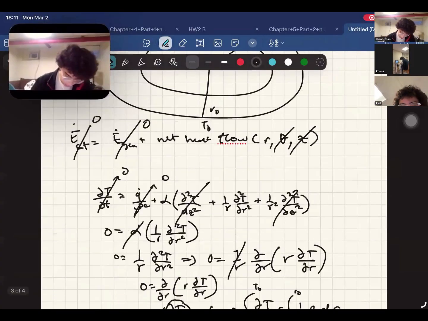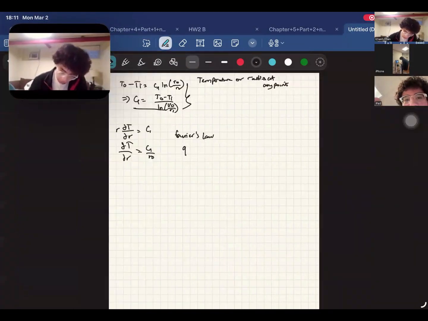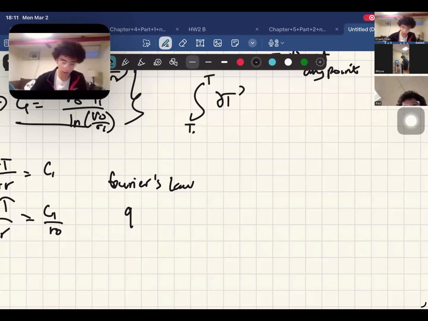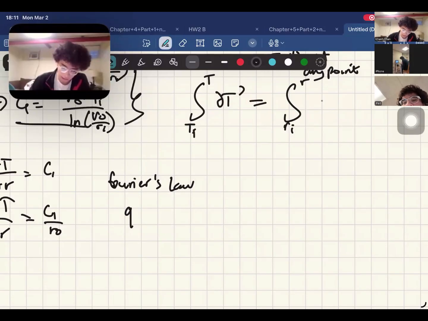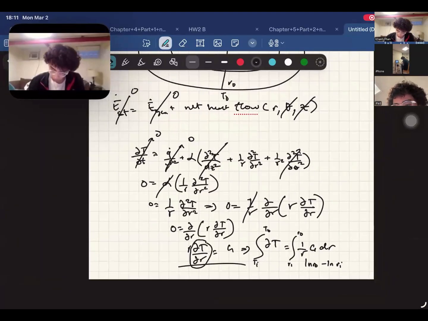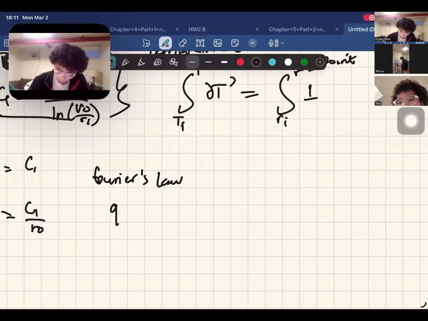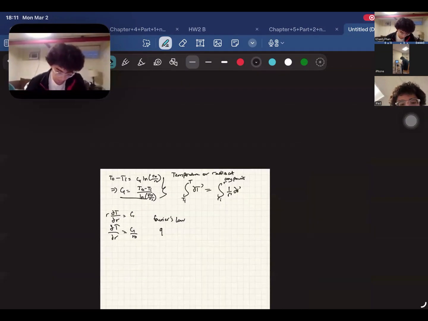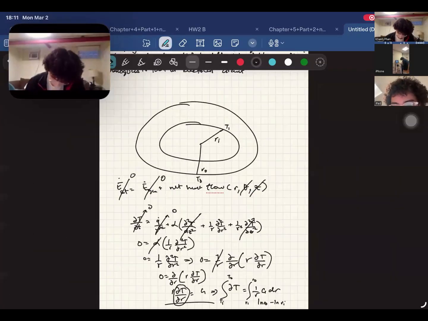So for example, over here we would have dT at any temperature T, and then we can use our inner radius as a reference, equal to, at any radius R, and then we use our inner radius as a reference, 1 over R' C1 dR', so like any R that we chose, times C1.